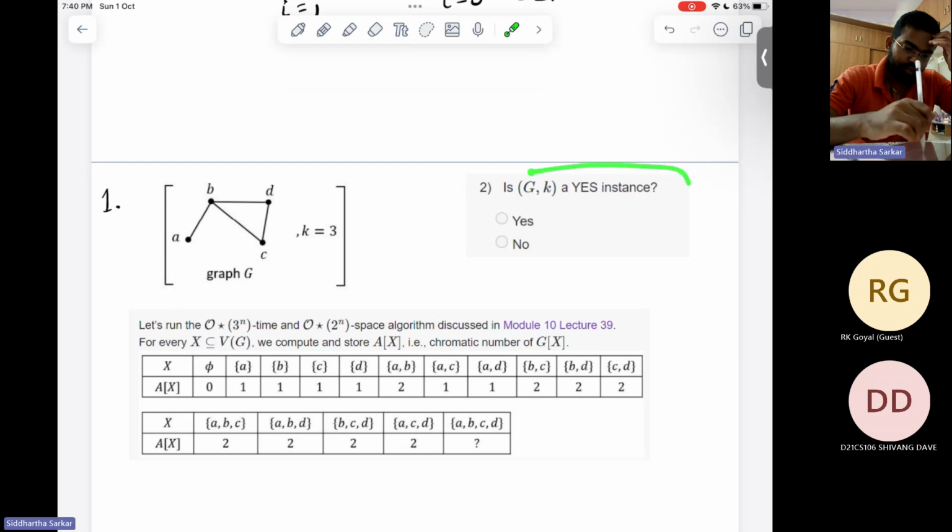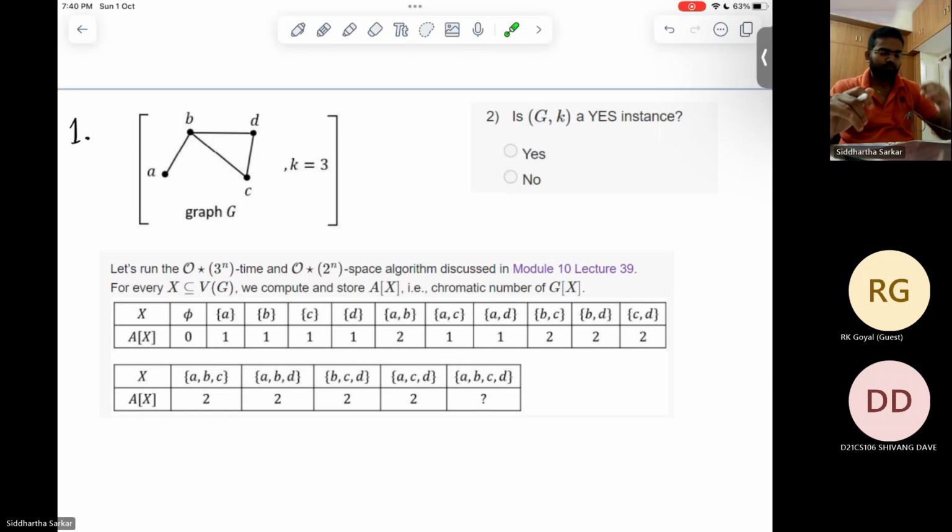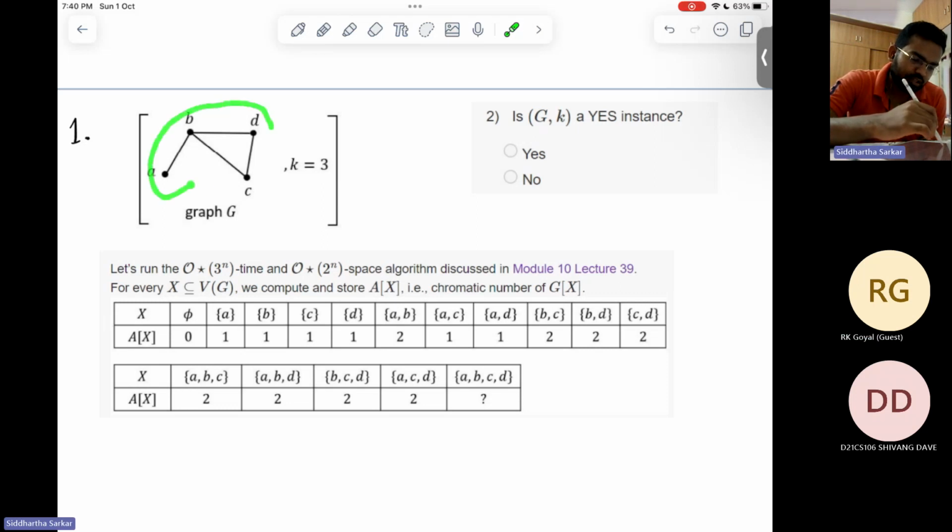So first, let's decide whether the given instance is a yes instance or a no instance. Yeah, so this is a no instance. So you're saying that it is not possible to color the vertices of this graph using three colors, such that for every edge, the endpoints receive distinct colors. Let's try this.